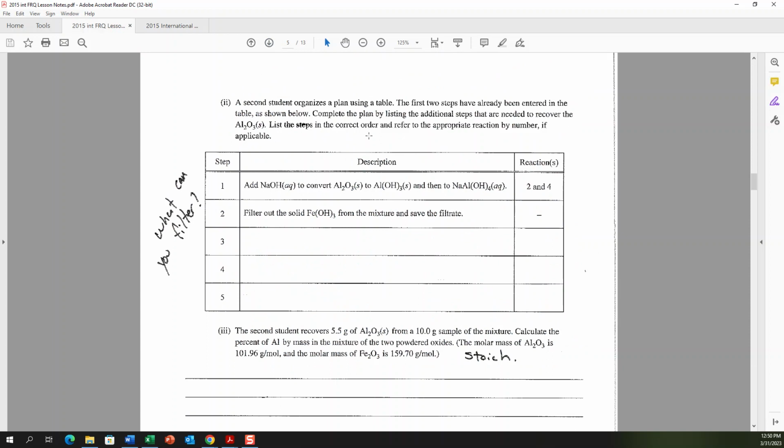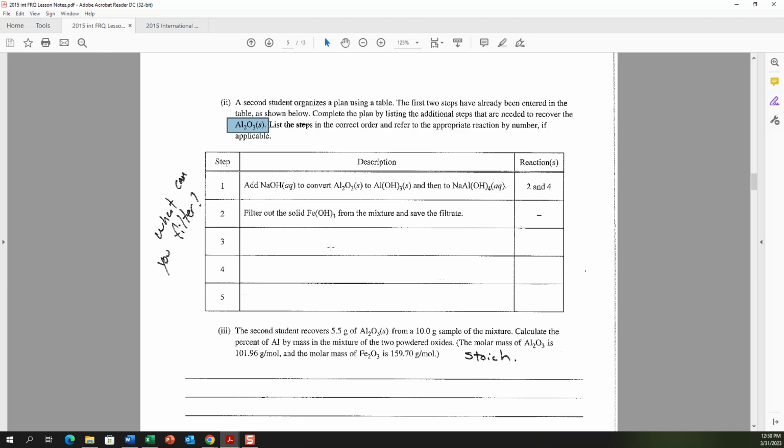All right, so it gave you some of the steps for figuring out how to isolate the aluminum oxide. And so we have to fill in the remaining steps here.